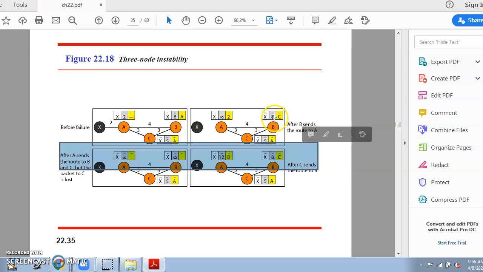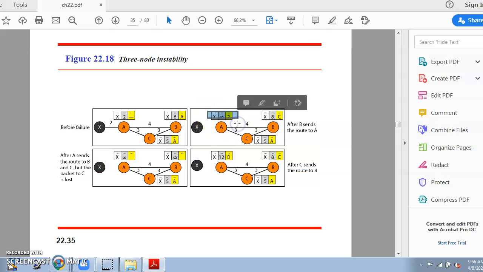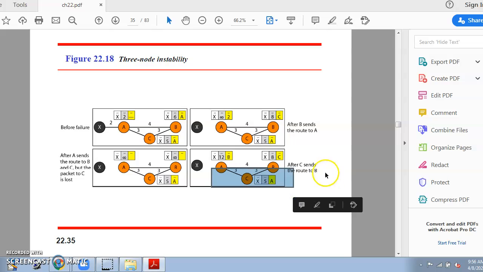So whenever B shares this information with A, A will detect that it is a new route and that X can now be reached through B. So it will update its table and hand over this table to C. So all three nodes might go into instability. That is the problem with three node instability. This problem cannot be guaranteed, and sometimes the network will go into instability.